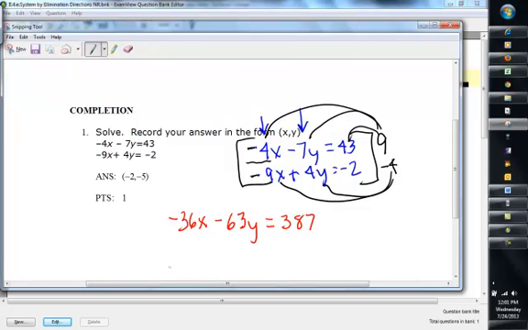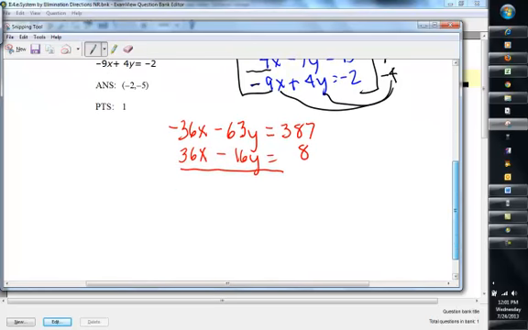Yeah, it's close. Maybe 397, huh? 36 and 27. Yeah, that's right. Okay, the second equation will be positive 36x, negative 16y, and positive 8.